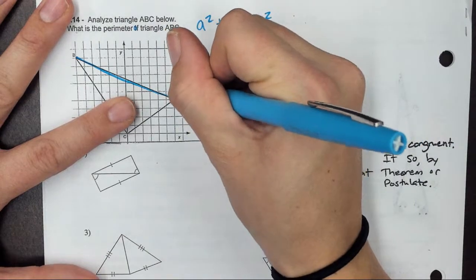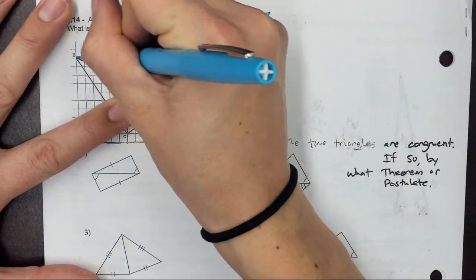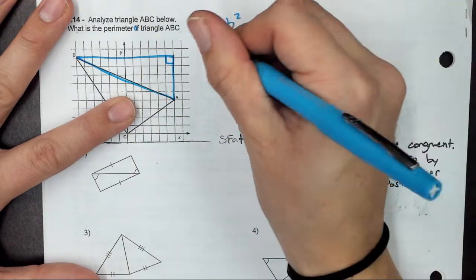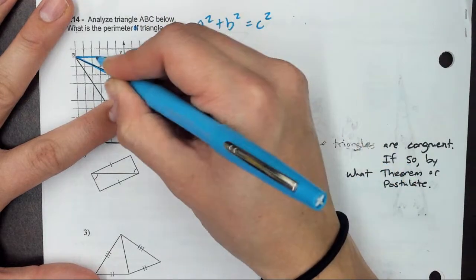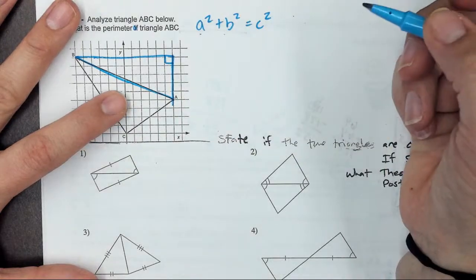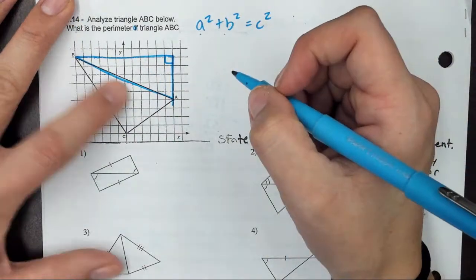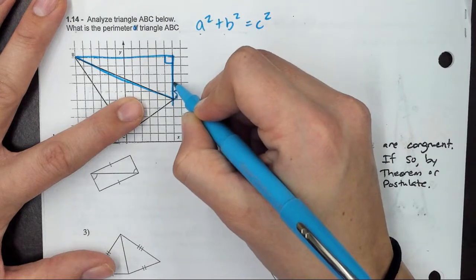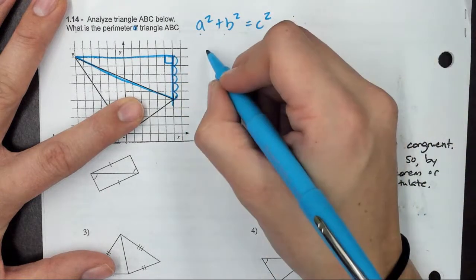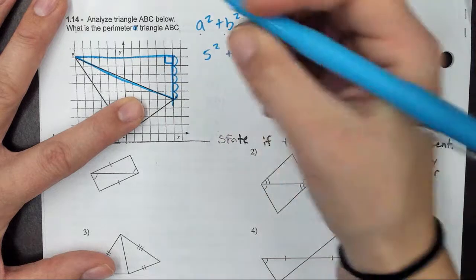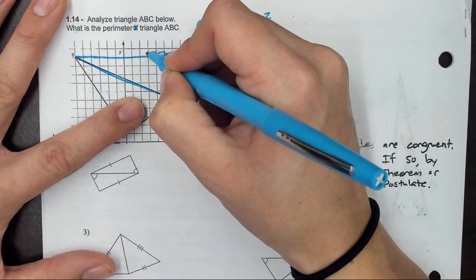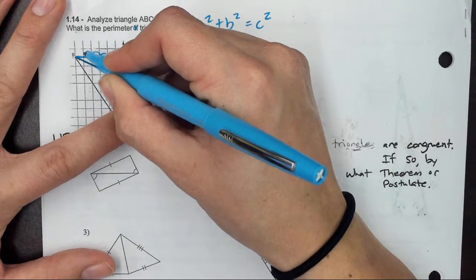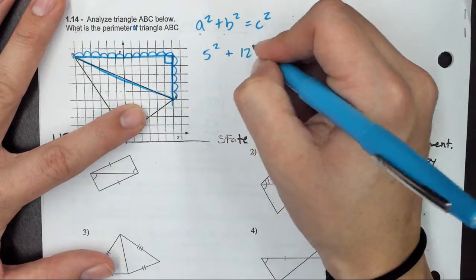So with this, I'm just going to draw my own right triangle. There's my right triangle. a and b are always the sides off the right angle, and c is what we're going to try to find. So if I was going to find this first, the distance of A to B, go ahead and use the Pythagorean theorem. I got 1, 2, 3, 4, 5 blocks here, so 5 squared, plus 1, 2, 3, 4, 5, 6, 7, 8, 9, 10, 11, 12 blocks there, 12 squared.